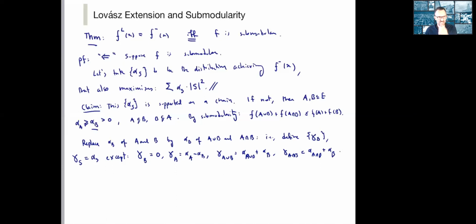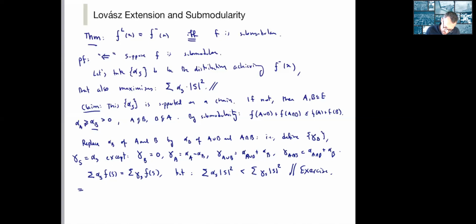So what does this accomplish? You can see that clearly this value stays the same: the sum of alpha s f of s equals the sum of gamma s f of s. But the sum of alpha s times s squared is strictly less than the sum of gamma s times s squared. I'll leave this as an exercise, but it's a simple exercise, and we've seen these kinds of things before. So that's a contradiction.